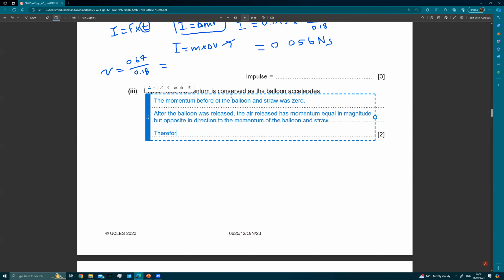Therefore, the momentum after the balloon was released is also 0.